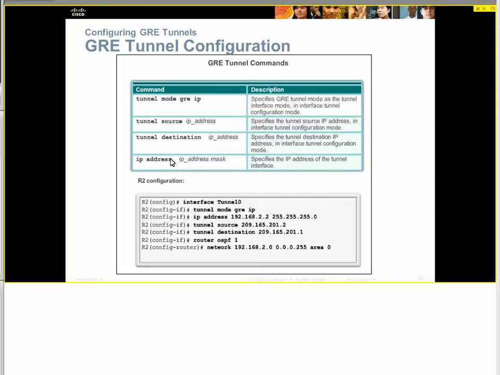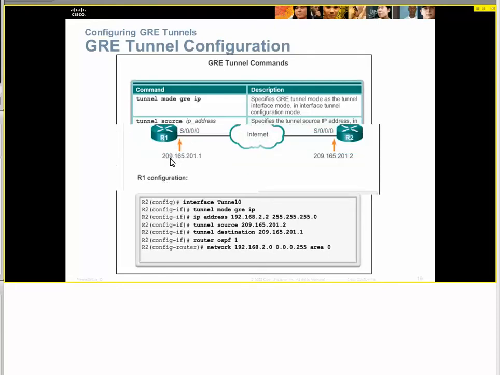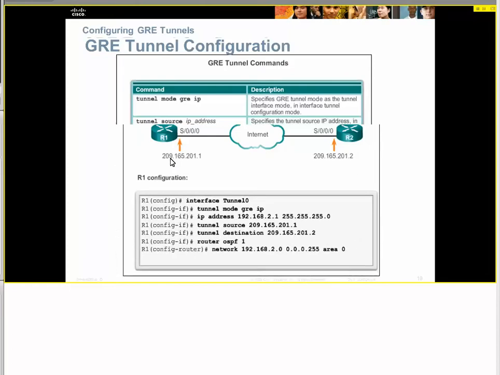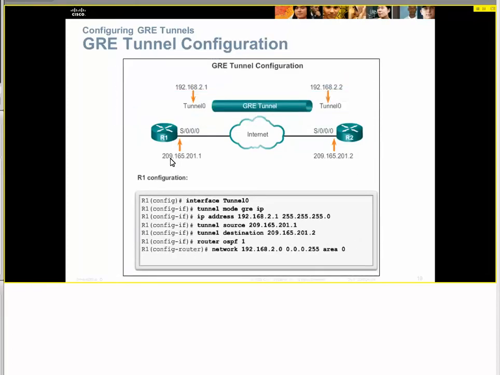This time, the entry point to the tunnel is tunnel 0, yes. The entry point to the tunnel is 192.168.2.2, because that's the entry point on the other side of the tunnel.